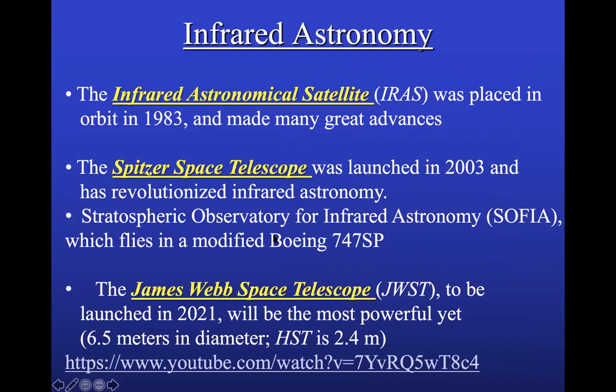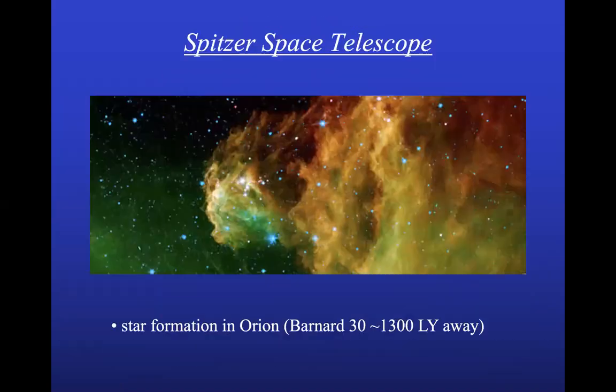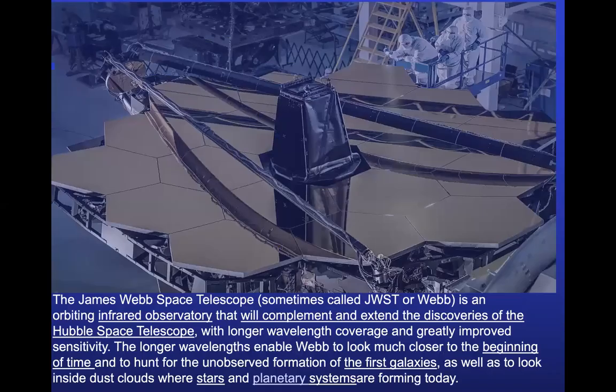Right. Now let's go into infrared astronomy. Maybe I will stop here for today. I have just talked continually with you. Now I will talk about three different telescopes that we are using for infrared astronomy. That's a different range in terms of wavelength, and this will be the last section: infrared astronomy and the James Webb Telescope.